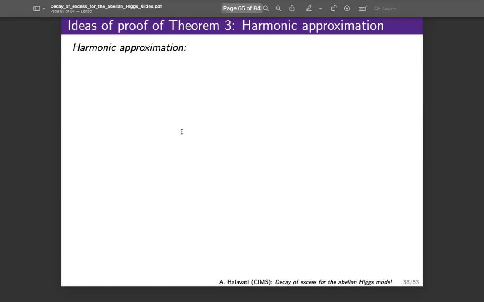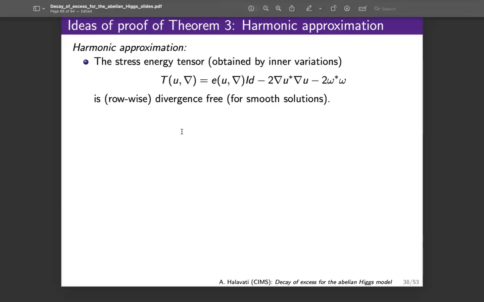Then the next idea is a harmonic approximation. So how do you want to perform a harmonic approximation? Basically, you see that if you perform inner variations, you get a stress energy tensor that is row-wise divergence free, right? Which is basically a symmetric matrix that is row-wise divergence free. Don't worry about this complicated form. It's just a matrix that is basically row-wise divergence free.